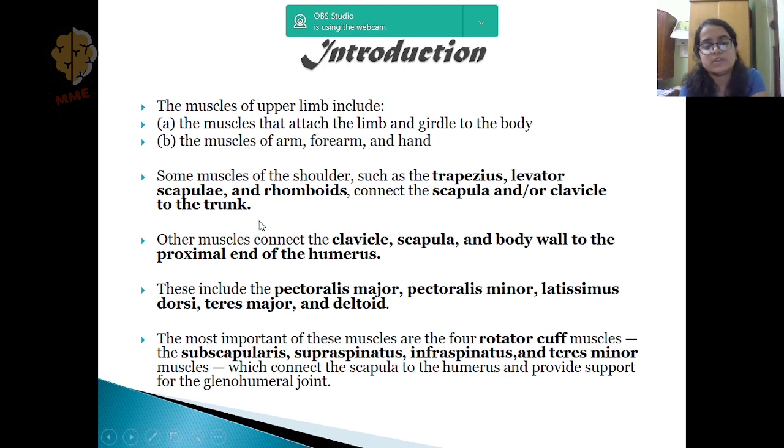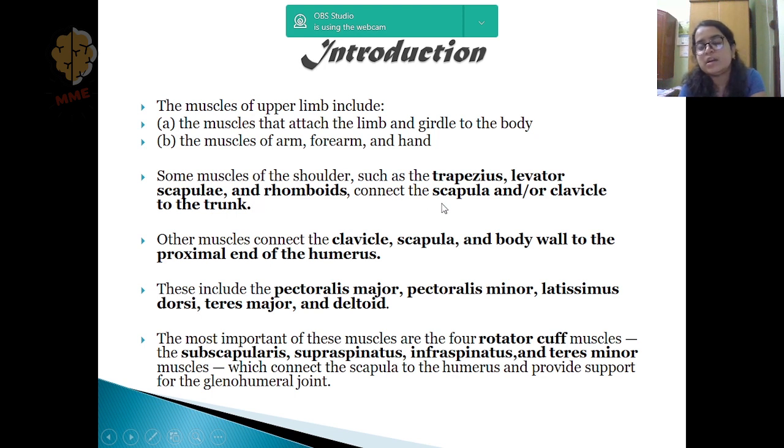The first group consists of muscles of the shoulder region, such as the trapezius, the levator scapulae, and the rhomboids, which connect the scapula and or the clavicle to the trunk. Here the trunk means we can say the vertebral column. It will be better for you to remember.